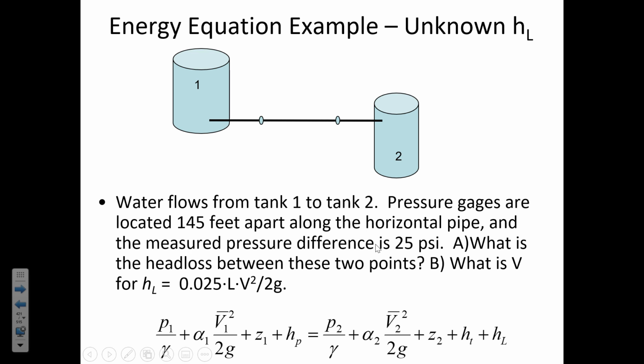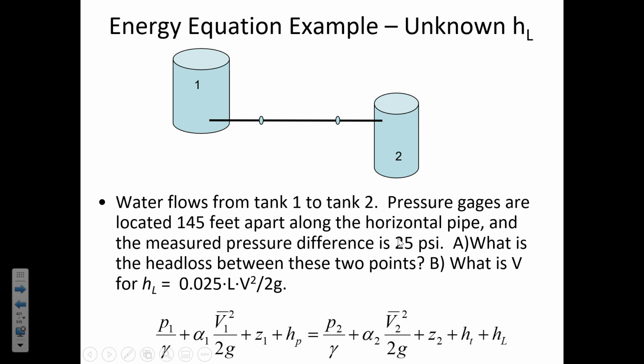This pressure difference is directly related to the pipe friction that occurs. And so what you can say is that P1 minus P2 divided by gamma is equal to the head loss.